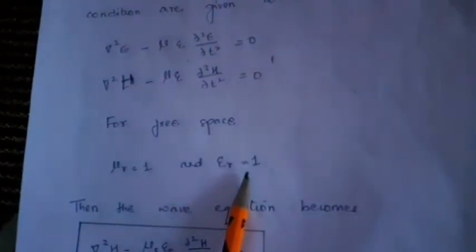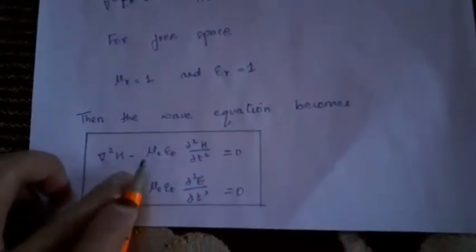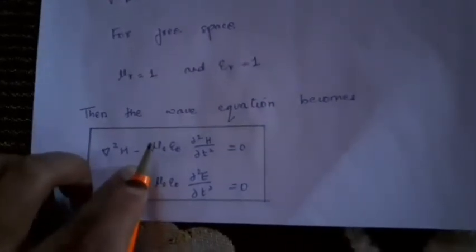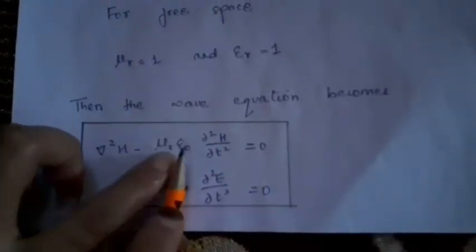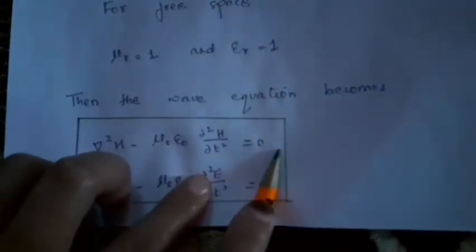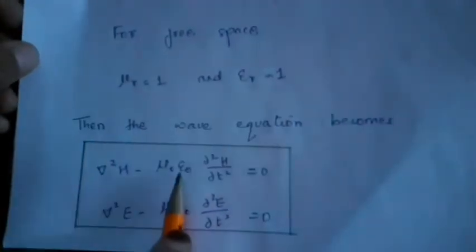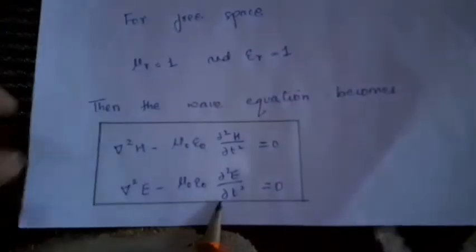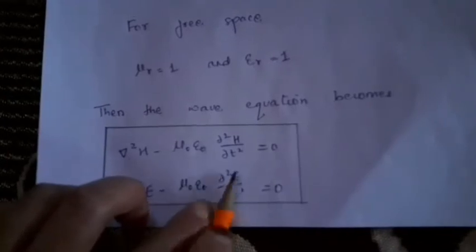As we all know, del square H minus mu naught epsilon naught dou square H by dou t square equals 0. Instead of mu epsilon, we are going to write mu naught epsilon naught. Likewise, we write del square E minus mu naught epsilon naught dou square E by dou t square, because they are given like this.